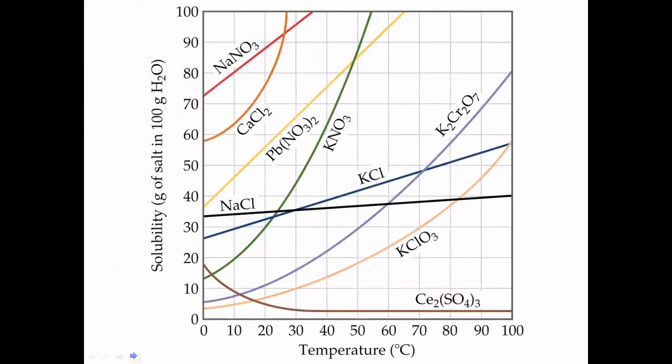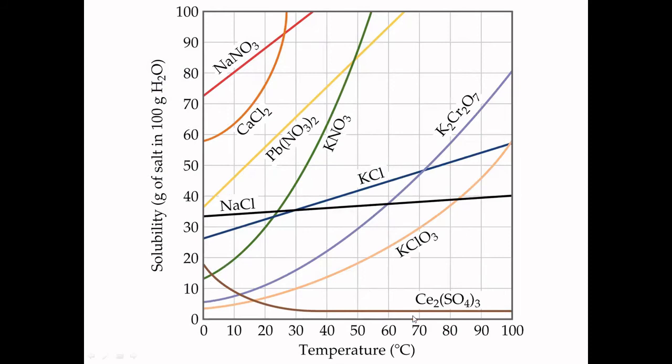So these are examples, class, of salts in water. Solubility of salts, grams of salt in 100 grams of water. So these are different salts. These are just examples, class. We increase the temperature. All of the salts that you are seeing here have curves that tend to move upward. So meaning we increase the solubility as we increase temperature.